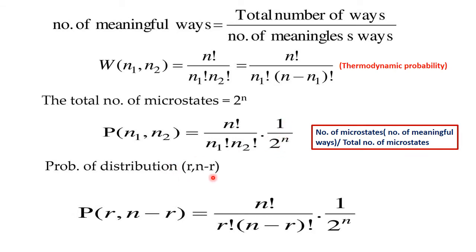If we have r and n minus r particles, the probability of distribution can be written as n factorial divided by r factorial into (n minus r) factorial, multiplied by 1 upon 2 raised to the power n. Now I hope you are clear on how we calculate the probability of distribution of any number of particles in two compartments.